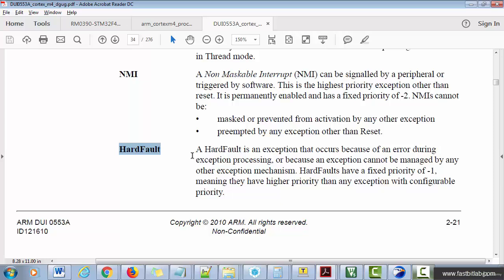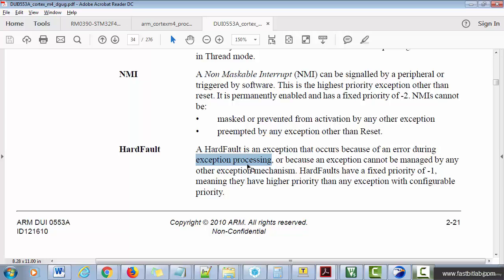So remember that hard fault is an exception that occurs because of an error during exception processing. Let's say you are already in some exception handler, and if you commit any illegal instruction or any illegal code access or any illegal instruction execution, then at that time the hard fault exception will be triggered.